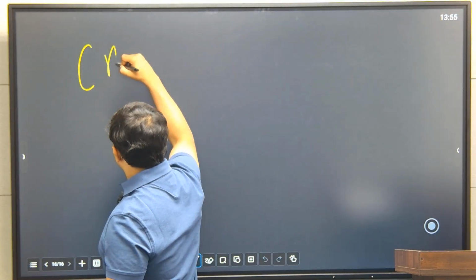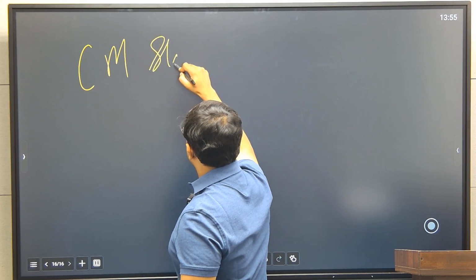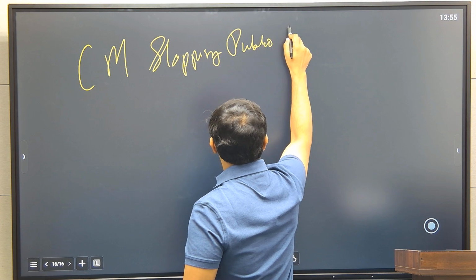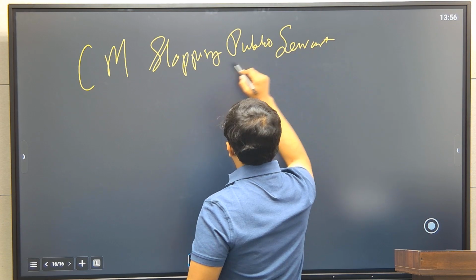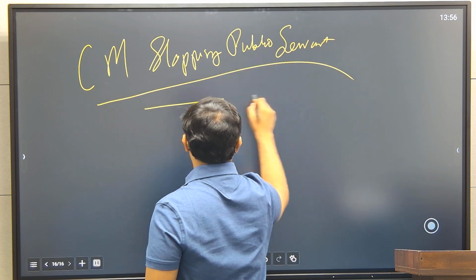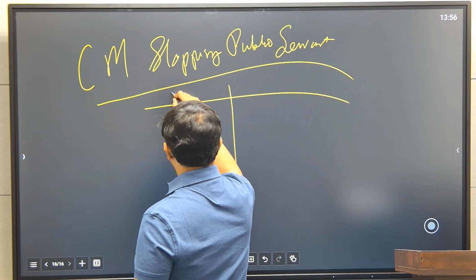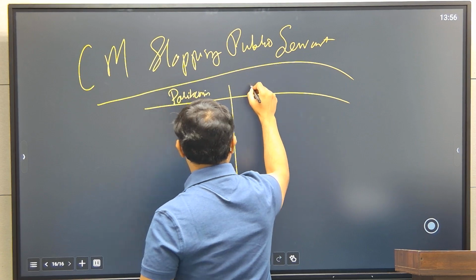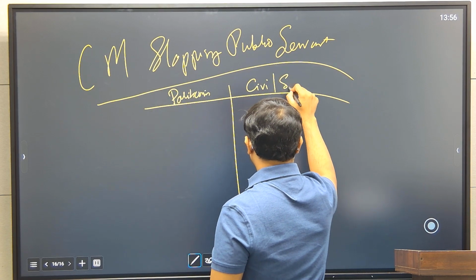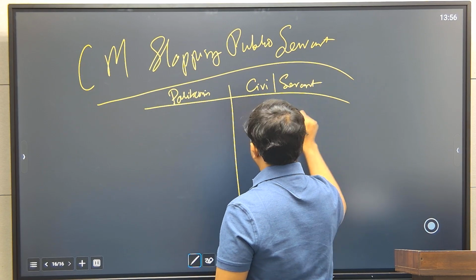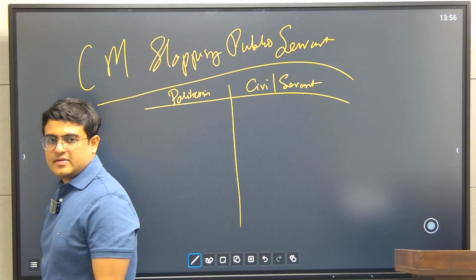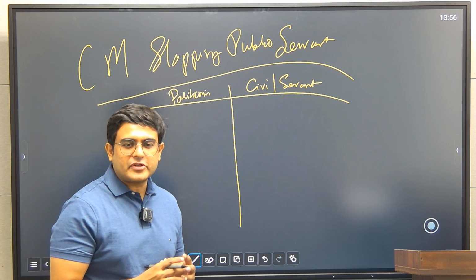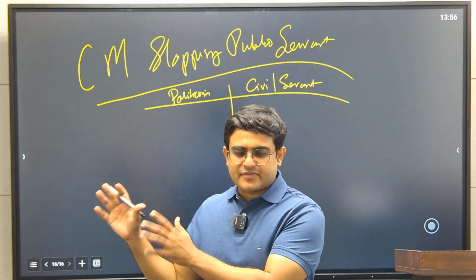CM slapping issue. So basically, why does this issue actually arise? Why is there a friction between the political class and the civil servant, the bureaucracy?